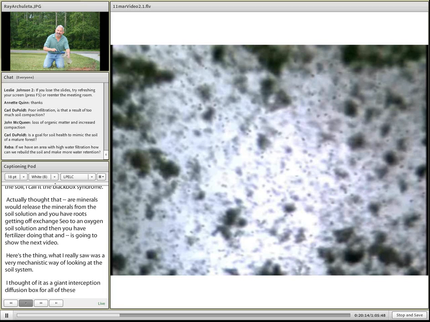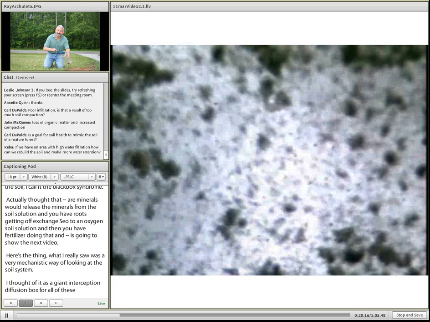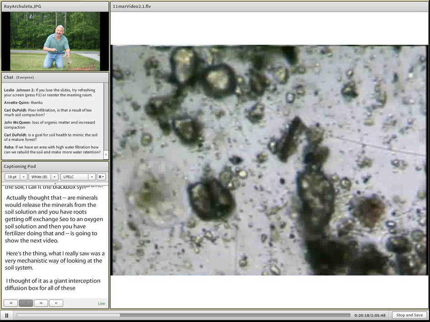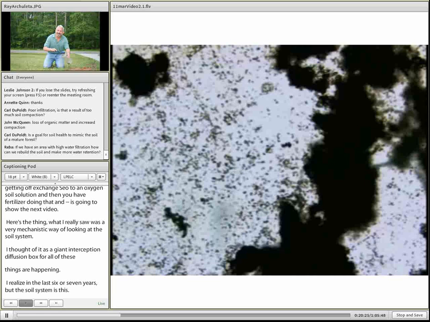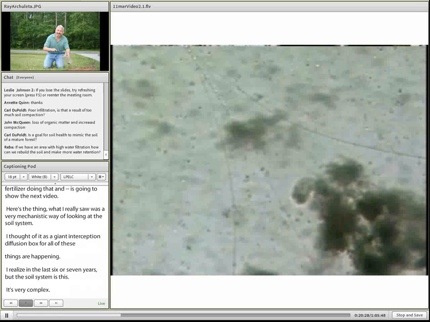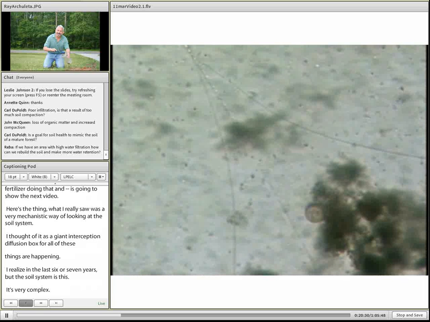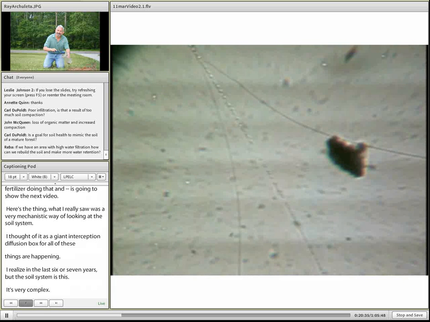I have realized in the last 6 or 7 years that the soil system is a very complex, very beautiful soil ecosystem, with organisms interfacing. It's these organisms that help maintain our structure. They're the organisms that help feed the plants, and the plants feed them.